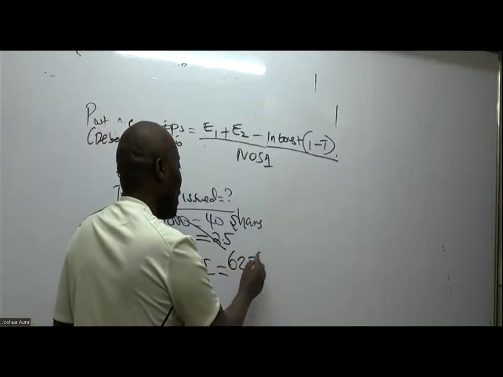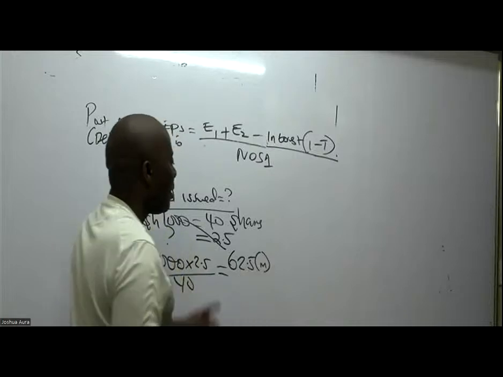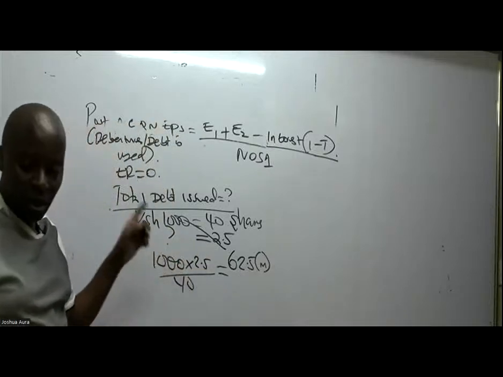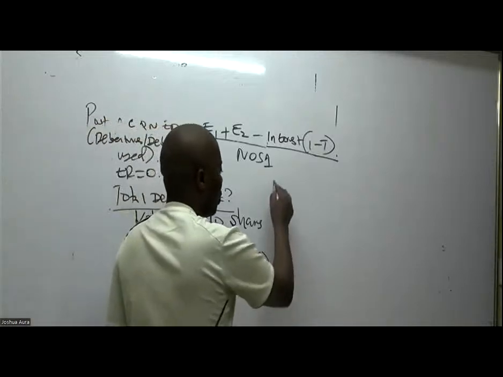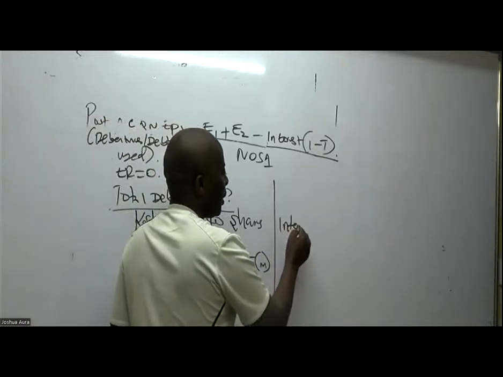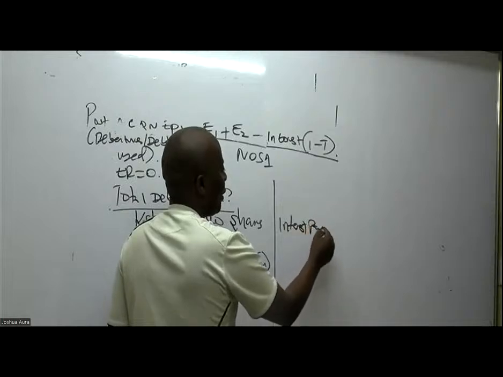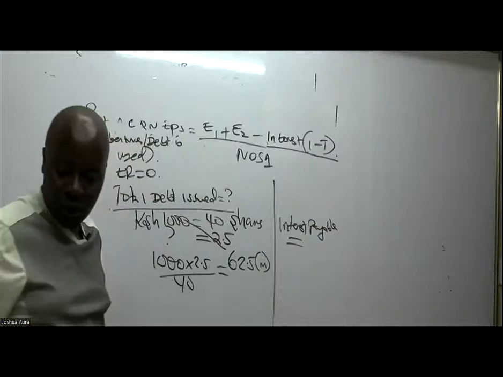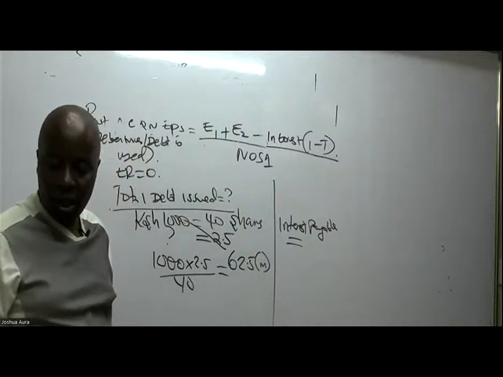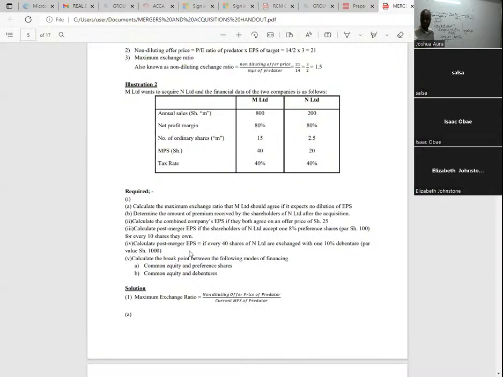Please, it doesn't stop there. What I'm interested in is the interest amount. Fortunately, they have given us the rate of interest. So come and give us the interest payable. The rate of interest in the question is 10%.